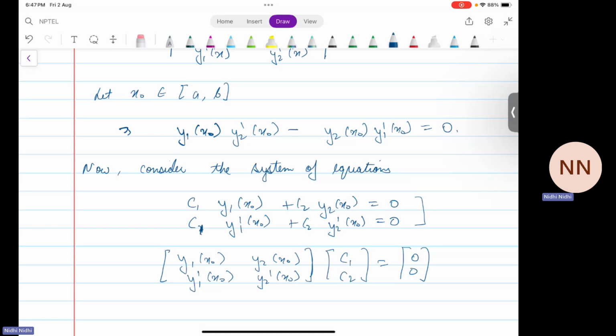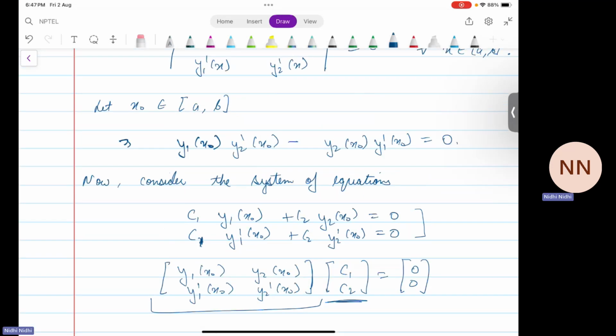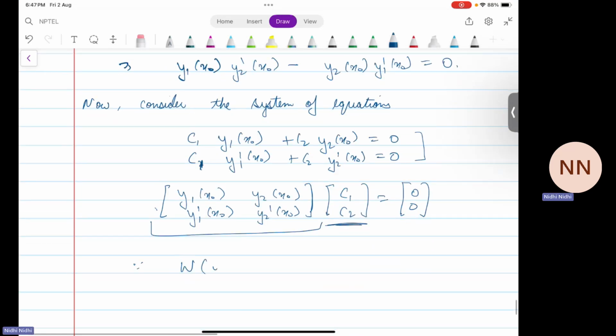This is a homogeneous system of equations, and we know that there exists a non-trivial solution if and only if the determinant of this matrix is 0. And here, since the Wronskian of y1, y2 at x naught, which was this determinant itself, is equal to 0, this implies the system must have a non-trivial solution.